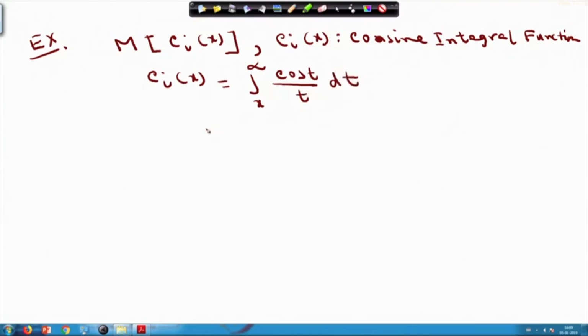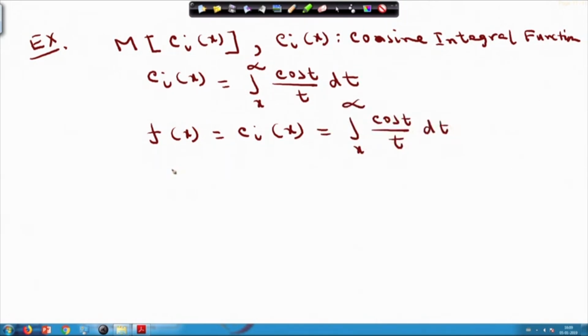So, we have to find out the Mellin transform of this function. Again, just like the earlier example, I am starting with f x equals Ci x, that is this integral from x to infinity of cos t by t dt.